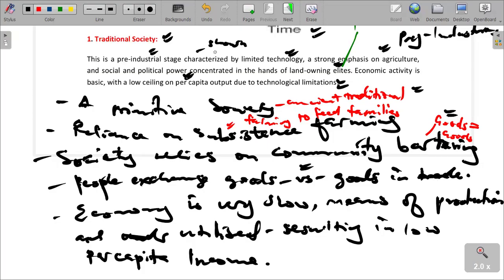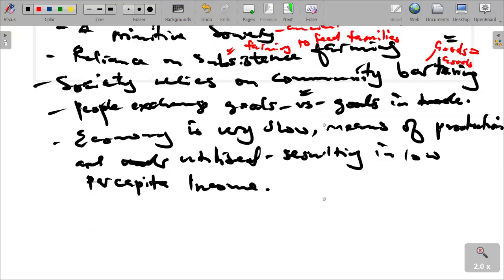So the economy is actually very slow. Means of production are underutilized because of low industrialization. Why are the means of production underutilized?